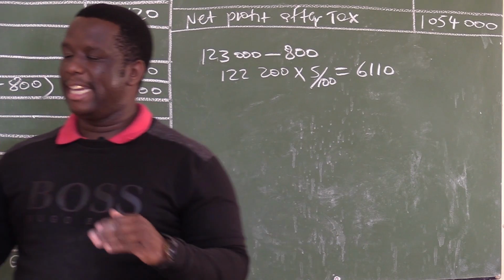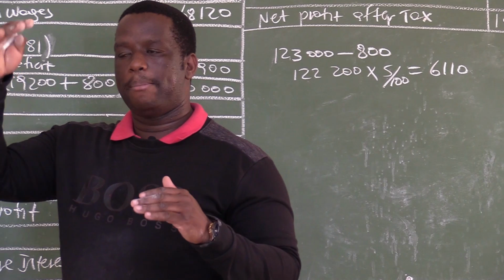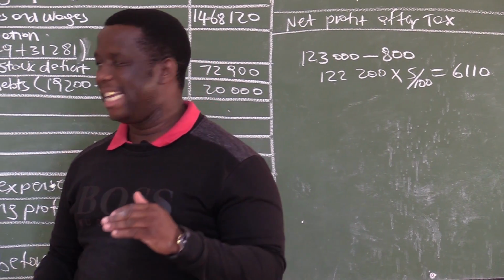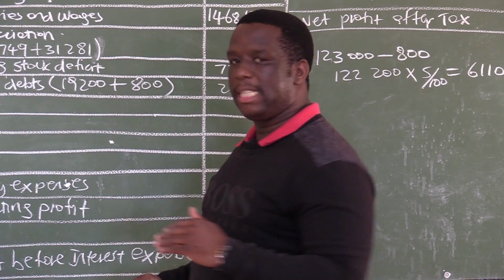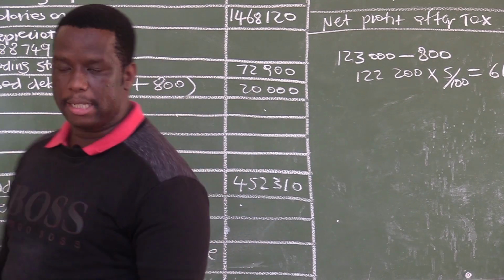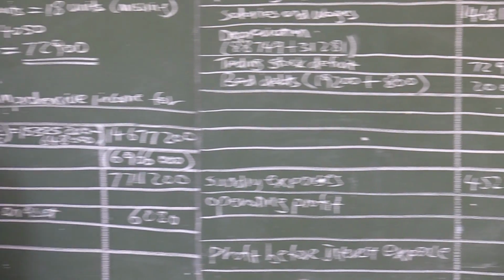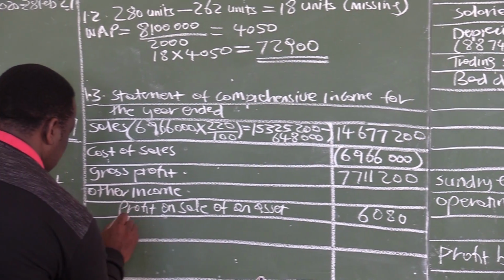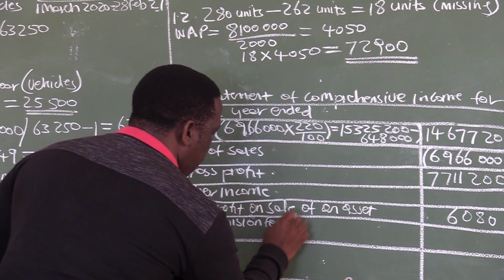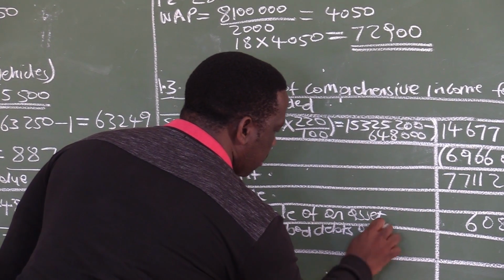If you are increasing the provision for bad debts, the adjustment is an expense. But if you are decreasing it, the adjustment becomes an income. In this case, we are decreasing the provision for bad debts from 7,030 to 6,110. So therefore, provision for bad debts adjustment.